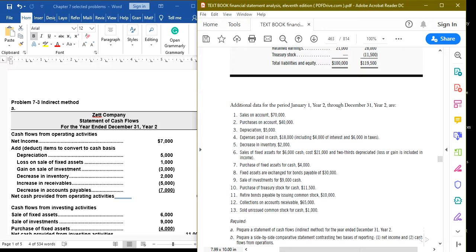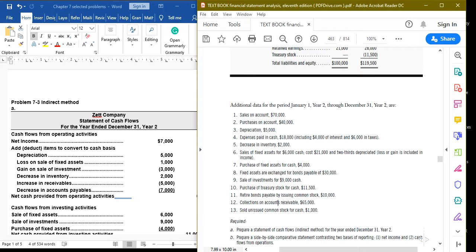Purchase of treasury stock for cash, which is $11,500. Retire bond payable by issuing common stocks for $10,000. Collection of account receivables $65,000.